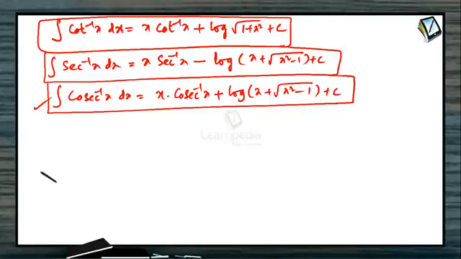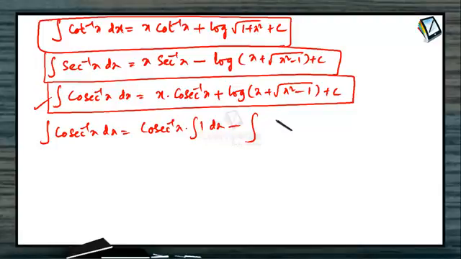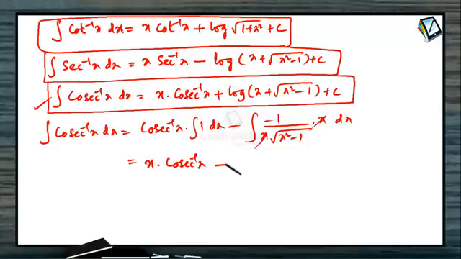So here let us take either of the proofs, like the integral of cosecant inverse of x dx. It is also the same: cosecant inverse of x times the integral of 1 dx minus the integral of the derivative of cosecant inverse, which is 1 by x into root of x square minus 1, into x dx. Therefore, it becomes x times cosecant inverse of x minus, this x gets cancelled, minus into minus is plus, so this is nothing but cos h inverse of x plus c.